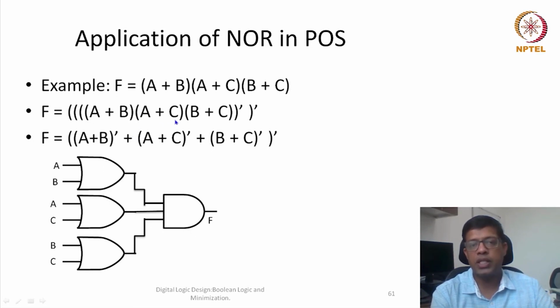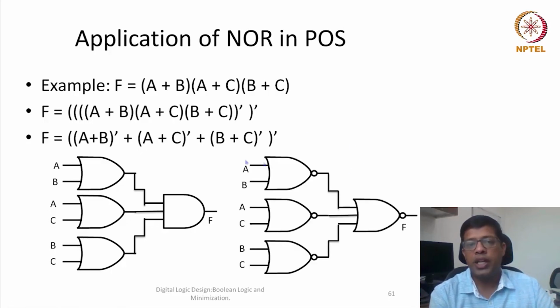So essentially (A plus B) dash plus (A plus C) dash plus (B plus C) dash, and whatever the output is will again be inverted. So (A plus B) dash is essentially a NOR of A and B. The output of OR is inverted, that means this expression. Similarly, A plus C is ORed and inverted, and B plus C is ORed and inverted. Then the outputs of all these three are ORed and the output is inverted.